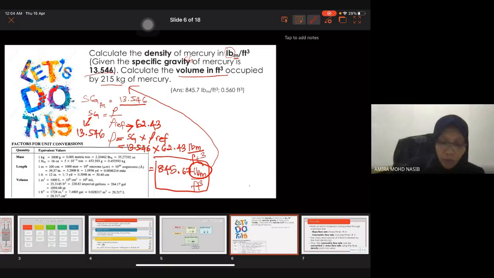This is why I put the conversion factor here, so it's easy for you to refer to. So 845.67 pound mass per feet cube, you want to change to kilogram first. So where is that?